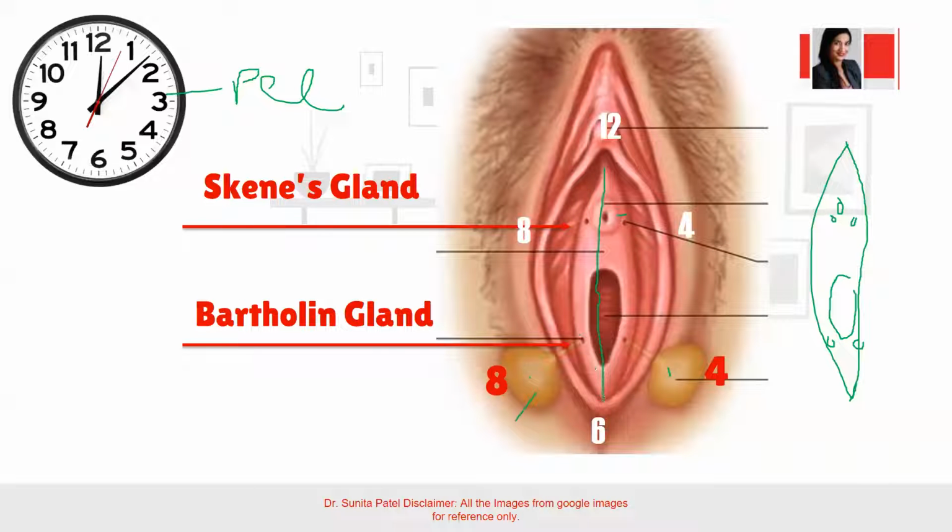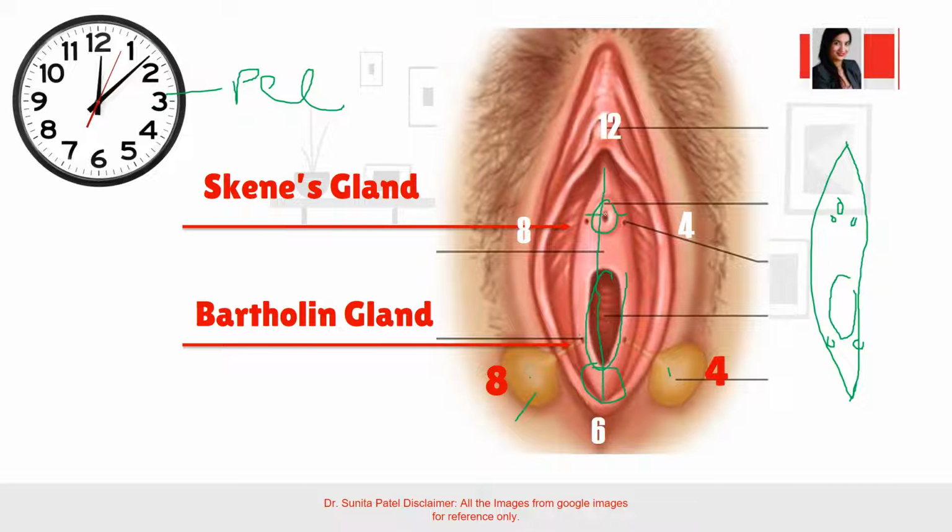We have the vaginal fossa present here, the skin. In the upper 25% we have the opening of the urethra, and lower we have the opening of the vagina.